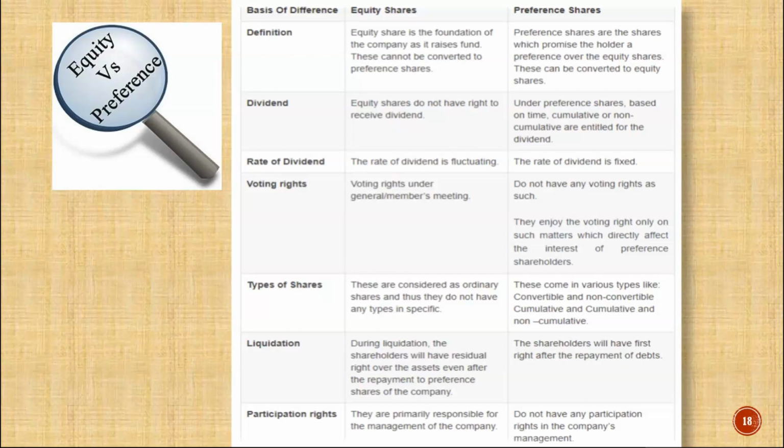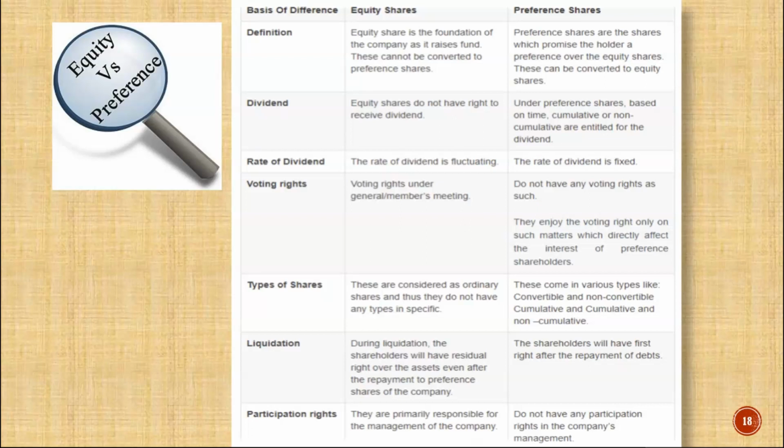Types of shares. Equity shares are considered ordinary shares, and therefore equity shares do not have any specific types. In case of preference shares, there are various types like convertible, non-convertible, cumulative, non-cumulative, redeemable, irredeemable, etc. Liquidation.